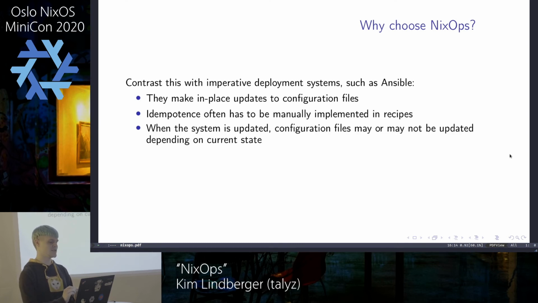And when the system is updated, configuration files that are part of the OS or part of a package may not be updated depending on the current state. So, for example, if we've changed it and we use Arch, Pacman wouldn't update the changed configuration files to the version that is actually in the package.